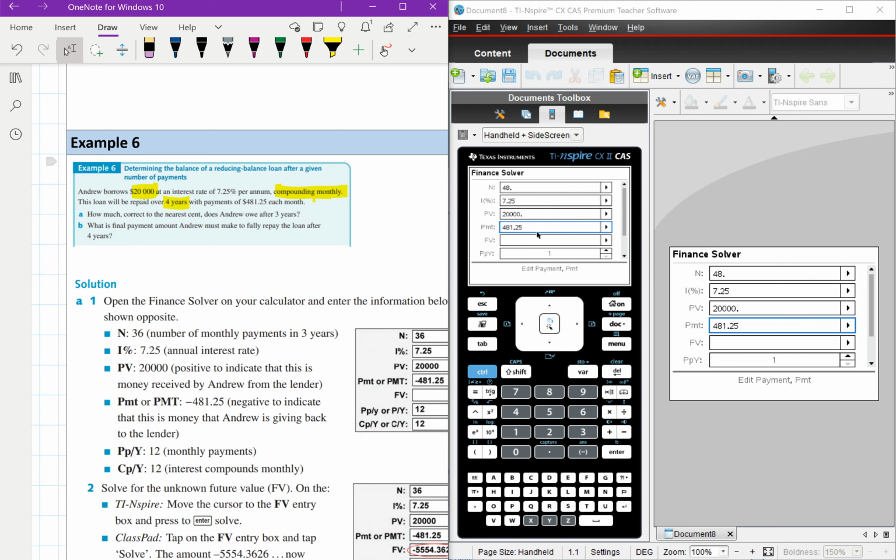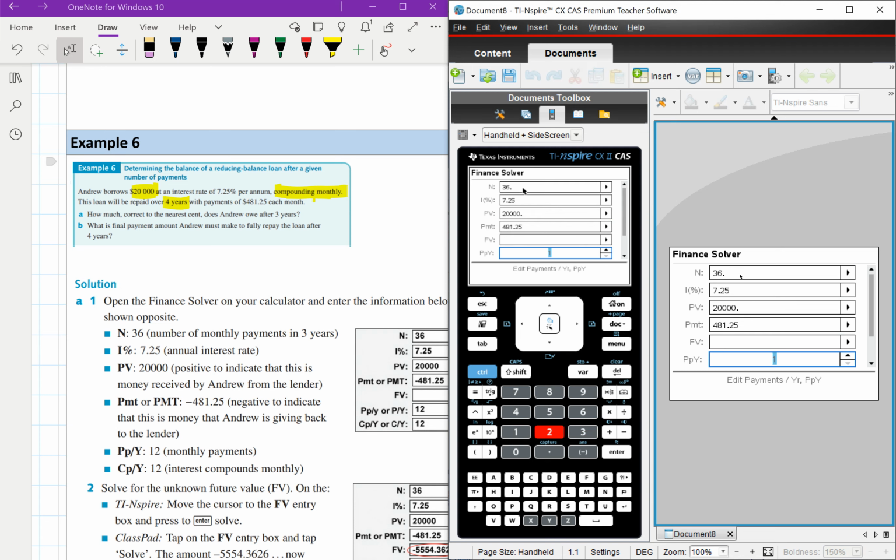After 3 years, how many times would you have compounded? That would have been 3 times 12. So PPY, how many times does it occur? Monthly is 12 times. CPY is 12 times.